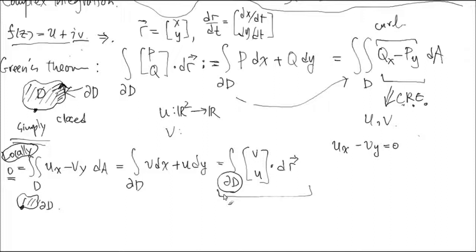This is arbitrary, right? Because this is always 0. No matter what region you put, it's always 0. So the boundary is arbitrary. What property is that? Path independence property.